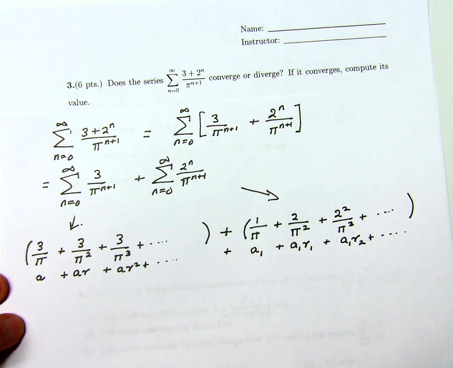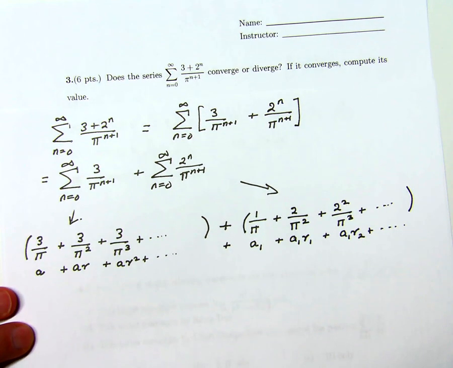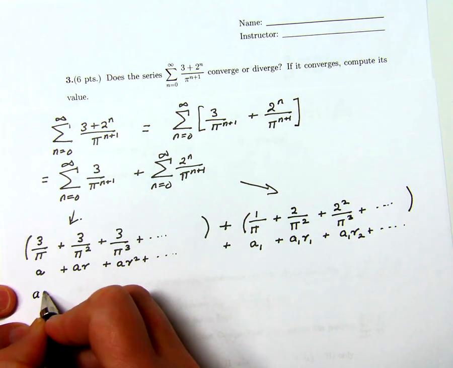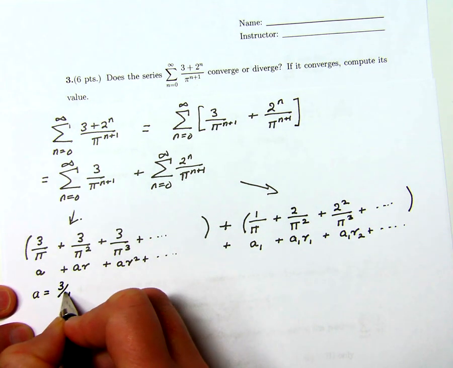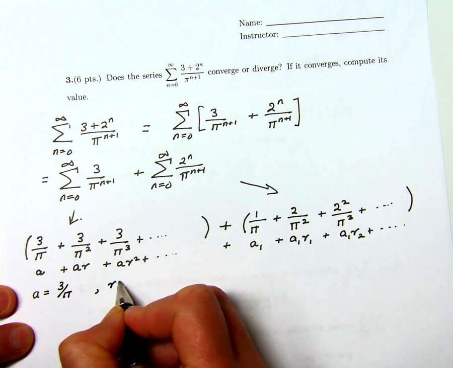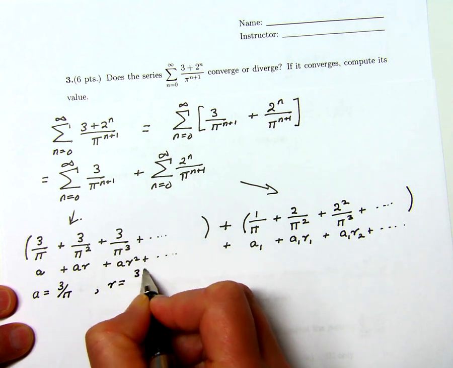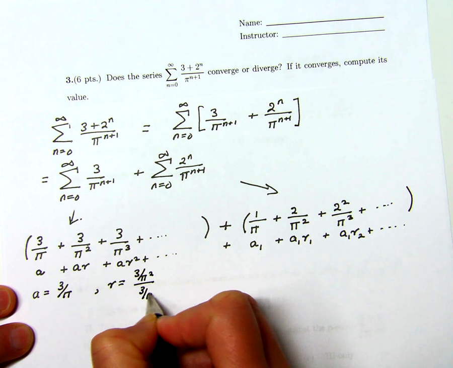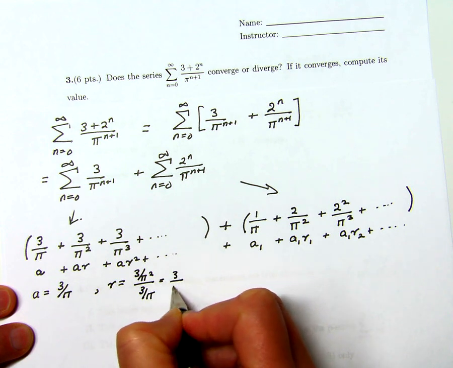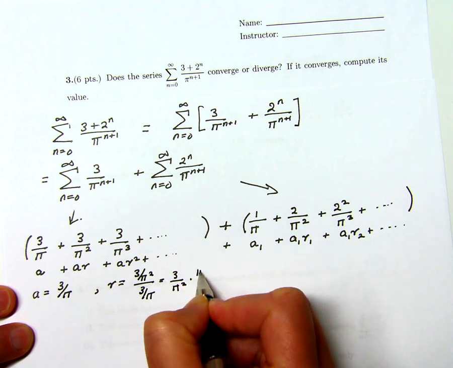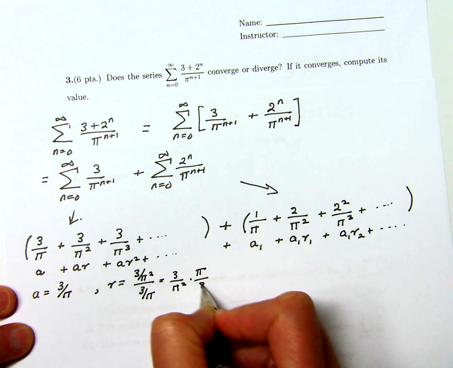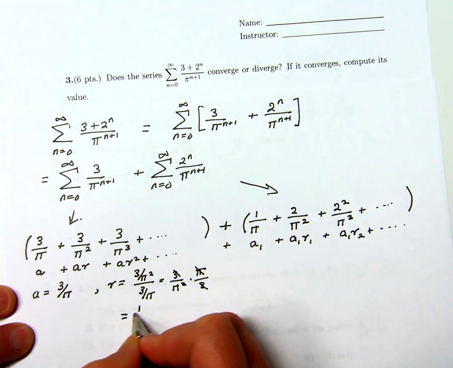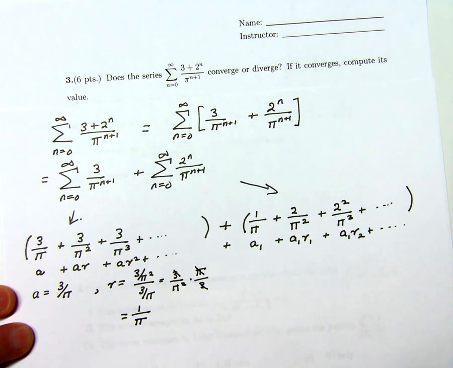So, in order to use the formula, I'd like to identify the a and the r here. So the a is the first term, it's 3 over pi, and r is equal to the second term divided by the first. And that is equal to 3 over pi squared times pi over 3. Now I have a lot of cancellation there, and that's equal to 1 over pi.